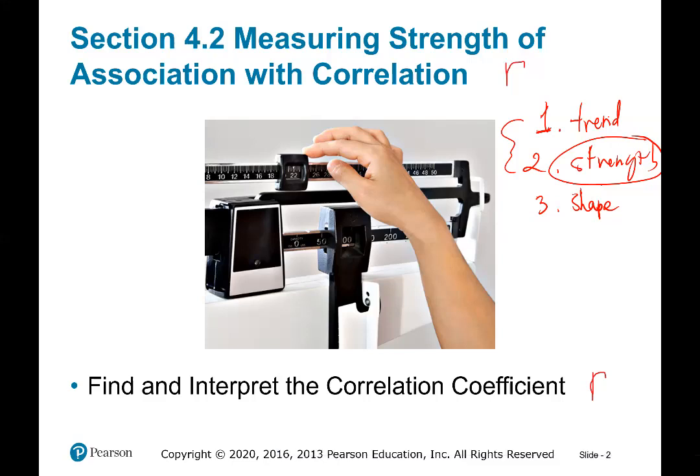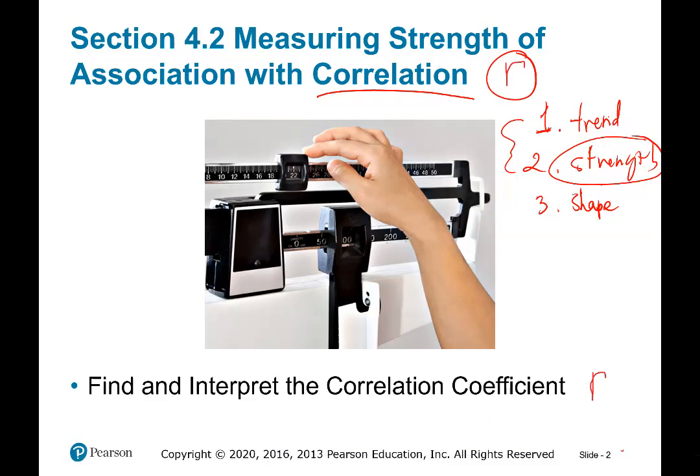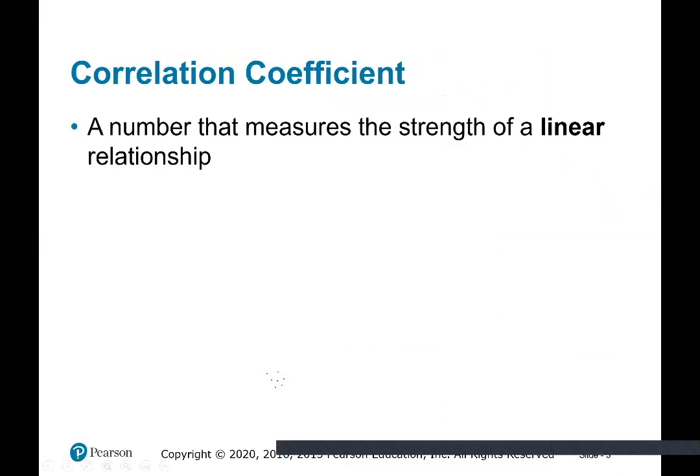Okay, all right, so now this is going to be called correlation, which is the letter R in this section, and we're going to find and interpret the correlation coefficient, which is R. Okay, all right, let's move to the next page.